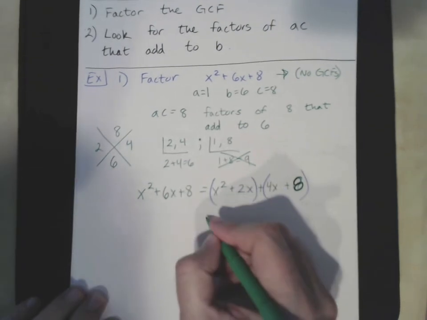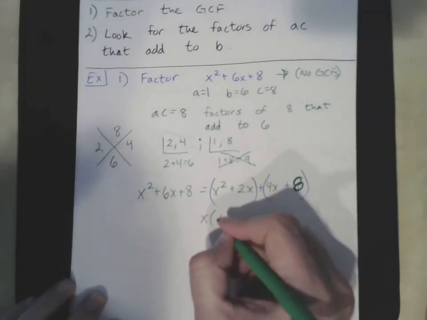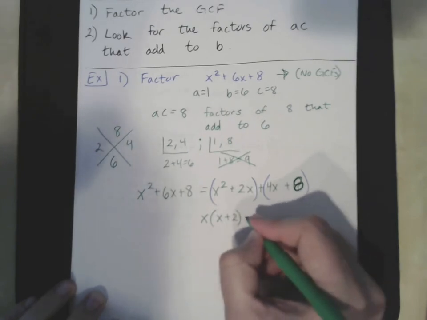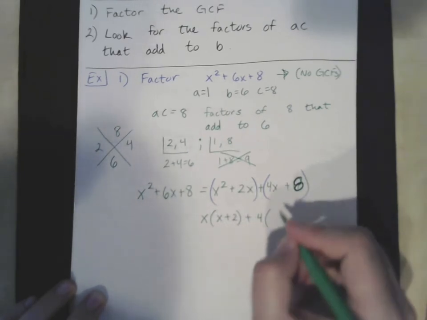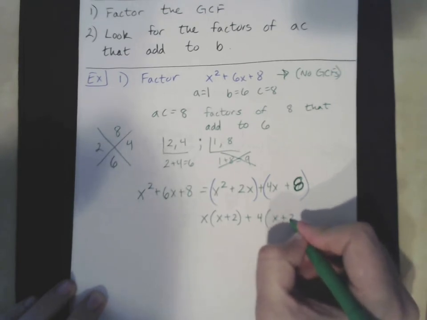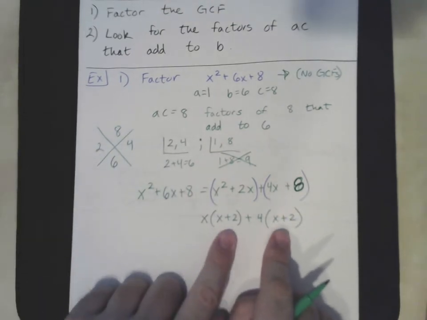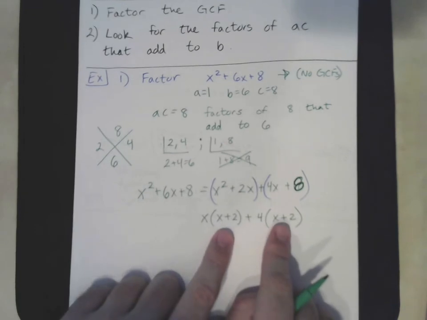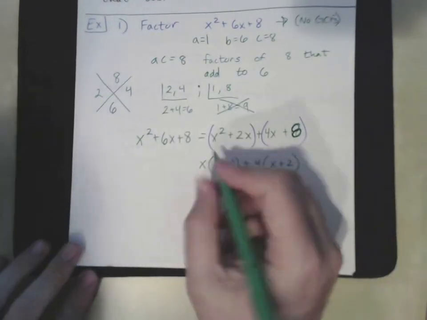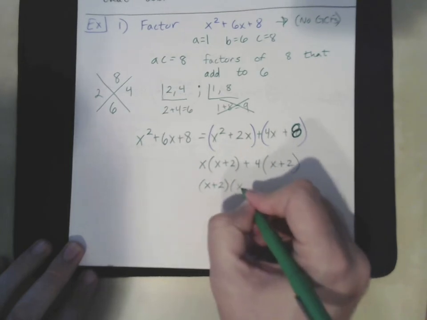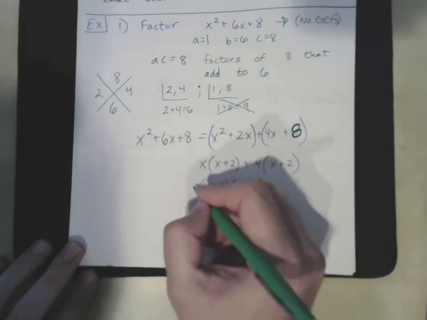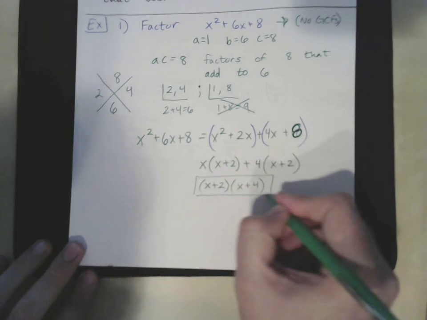We can pull an x out of this group and get x plus 2. And we can pull a 4 out of 4x and out of 8, and we get x plus 2. Again, I know I've done this correctly, so I got the x plus 2's popping up here. So then this becomes x plus 2 times x plus 4. And this is our factorization, our final answer.